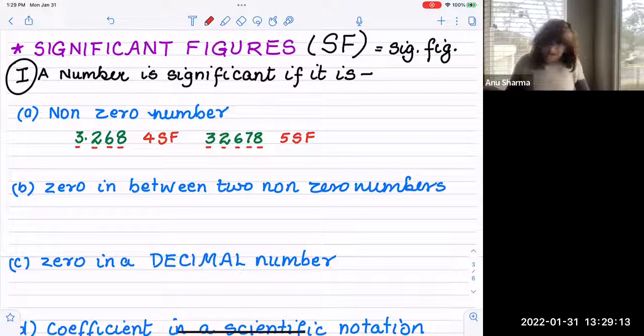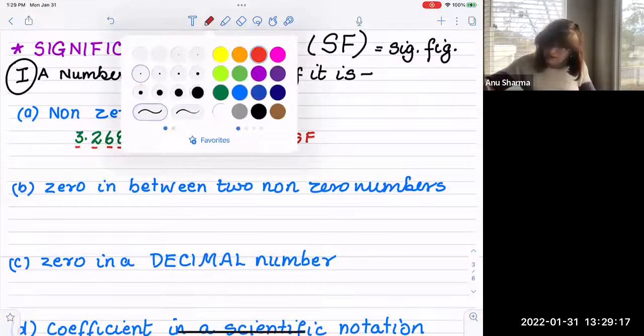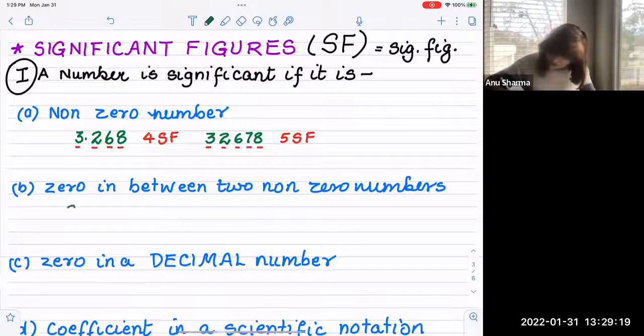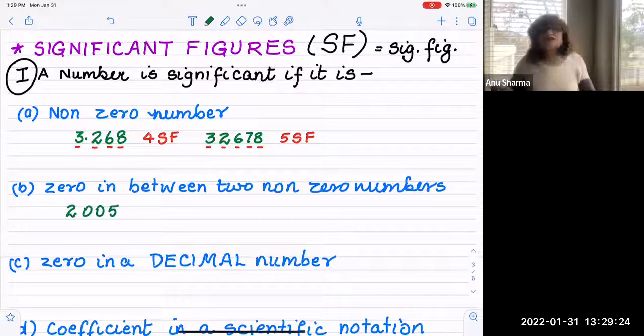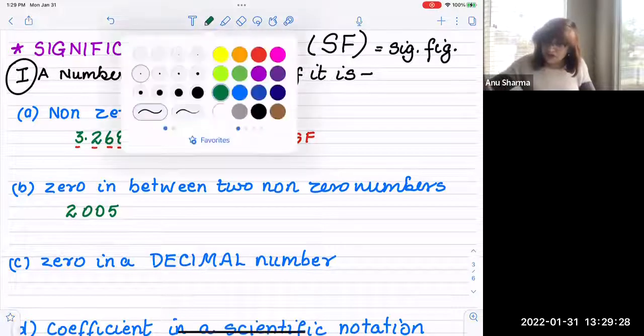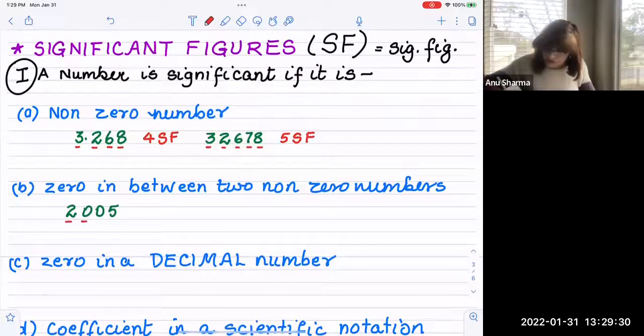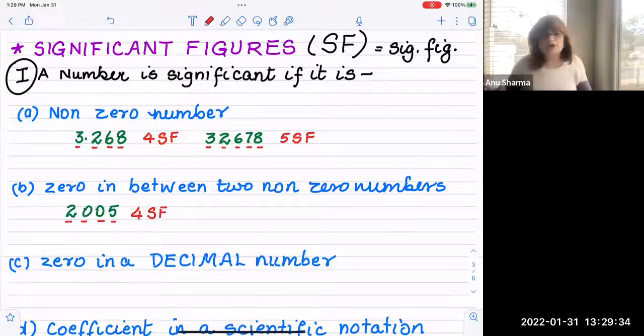If you have a 0 in between two non-zero numbers, for example, a number such as 2005, this is the 0 that is in between. It's a captive 0. So these numbers, 1, 2, 3, 4, are 4 significant figures. All these zeros are counted, in other words.